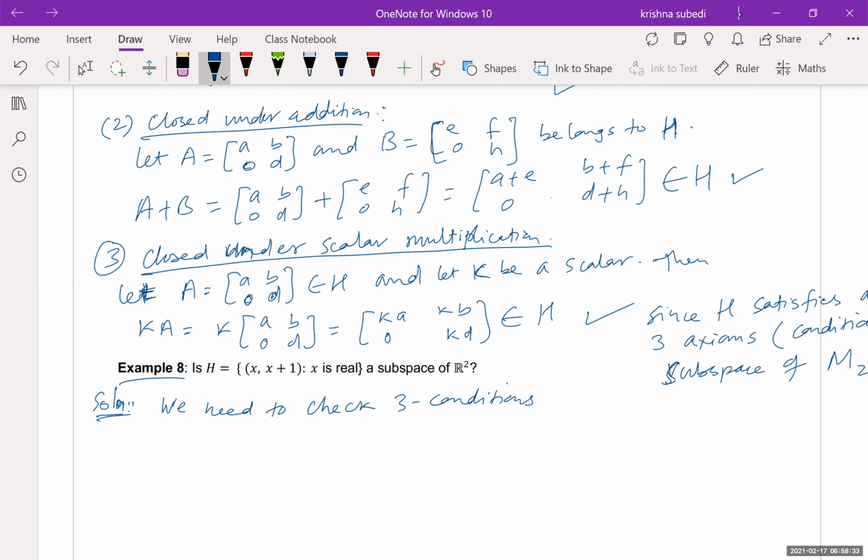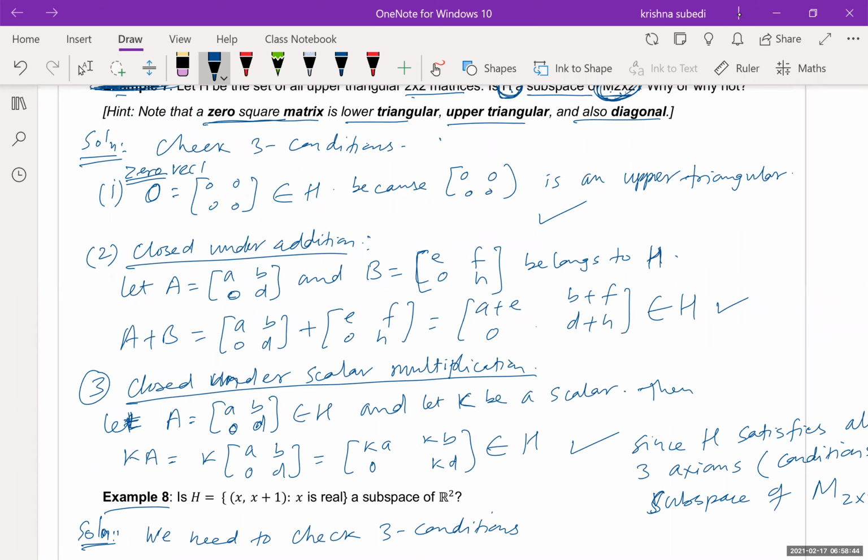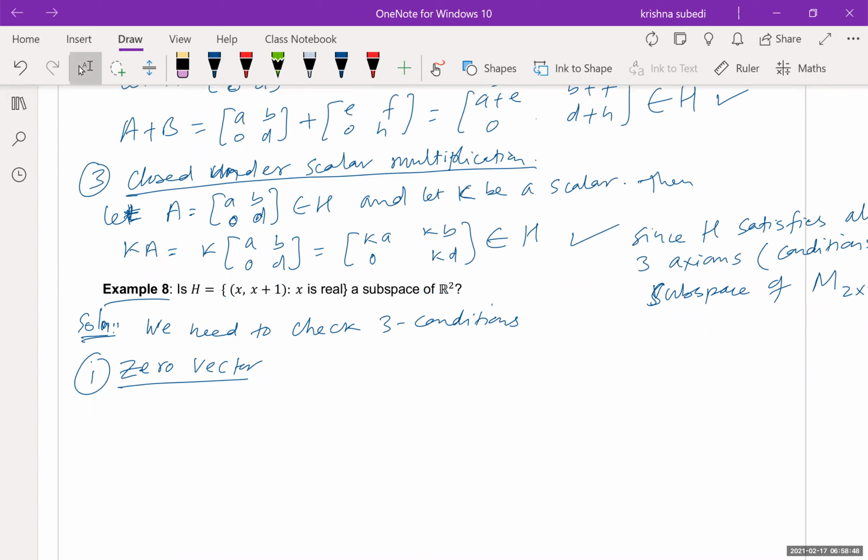Let's check the first one, the zero vector. Whether the zero vector is there or not, let us check that.